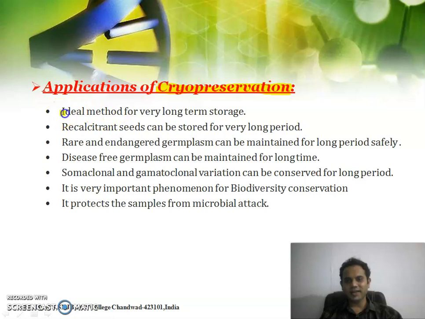It is an ideal method for very long term storage. We can preserve germplasm for many years, even hundreds of years: 50 years, 100 years, 200 years. So it is a very effective and ideal method for very long term storage.